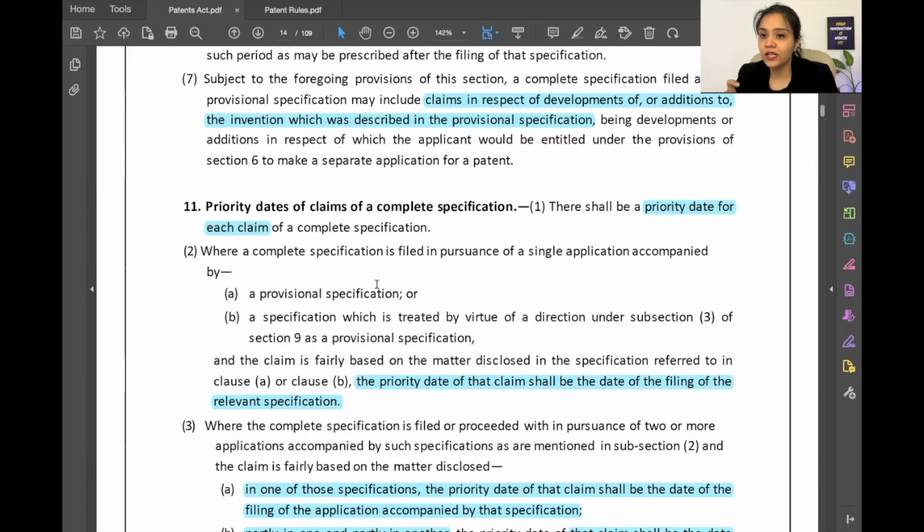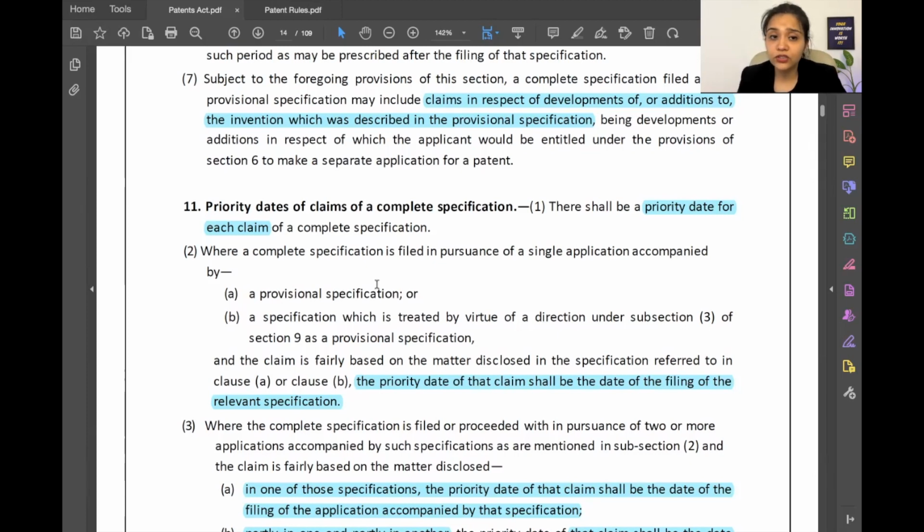It's a bit tricky also, but if you get through the concept once, then you'll not make any mistake. From this section specifically, you can anticipate a situation-based question where you'll be asked things like what would be the priority date of a claim in a situation where this happens.